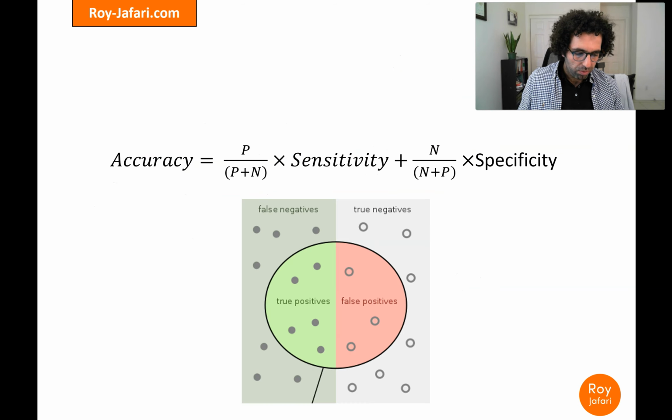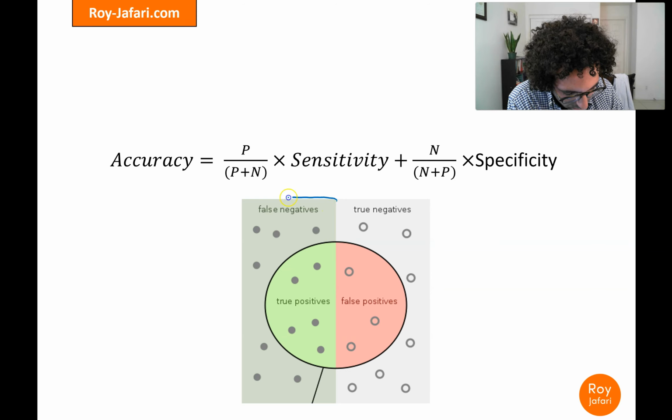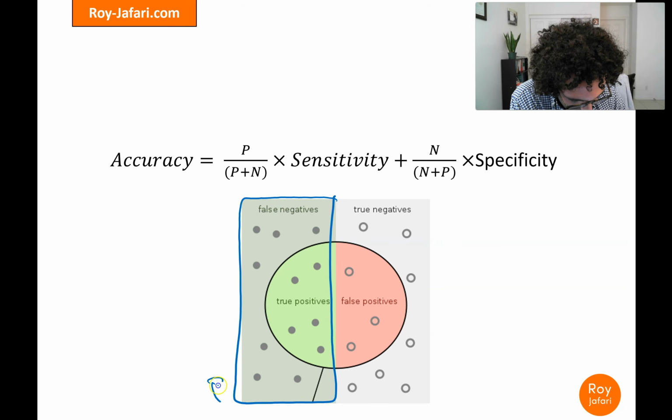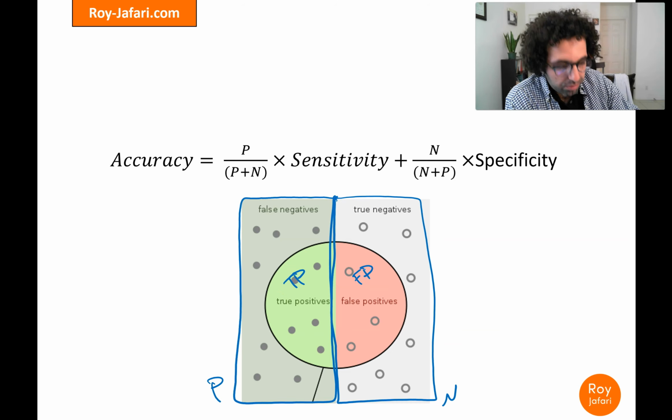All right, so let's move on. The next thing I want to talk about is the fact that accuracy can be derived from sensitivity and specificity. These are all positive cases, and these are all negative cases, right? Here we have true positive. Then here we have false positive, because this is the part that we have selected.